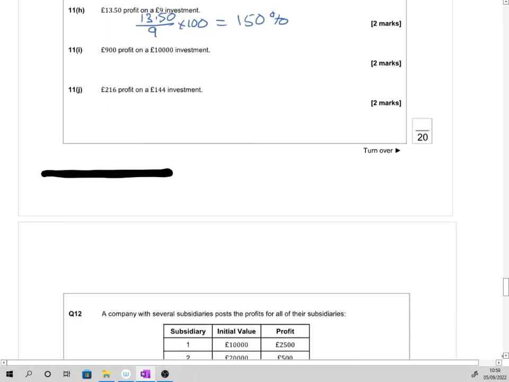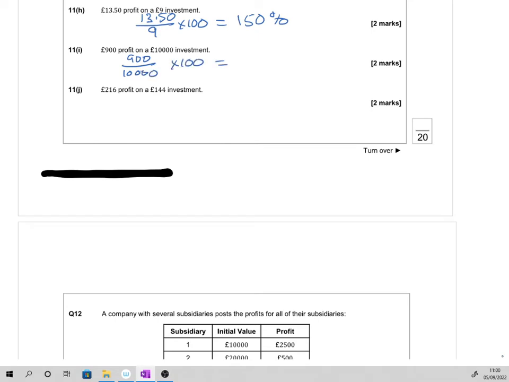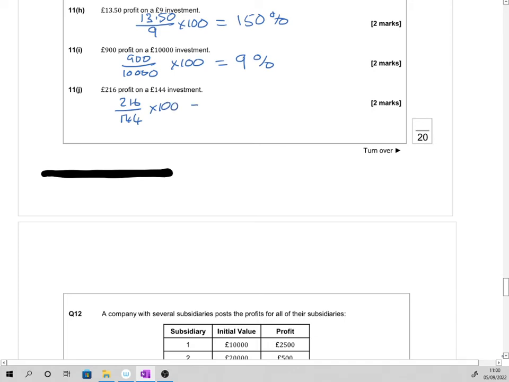Couple more here. 900 profit. 900 divided by 10,000 times 100 is 9%. And 216 divided by 144 times 100 is 150%.